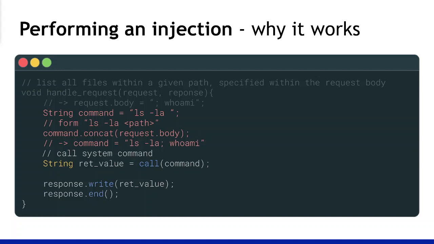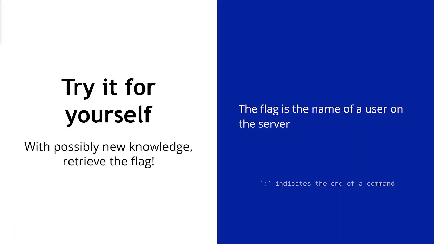Because of that semicolon, we're going to run ls -tac -la and whoami as two separate commands, and they're both valid commands. So it's going to return that entire call, both command calls, write that into our response and return it.